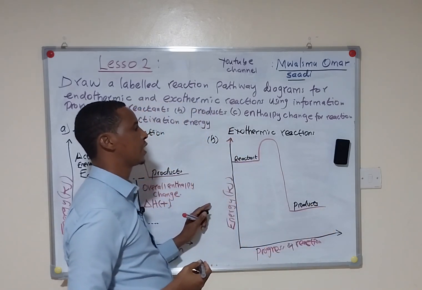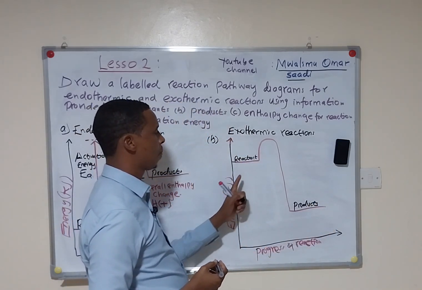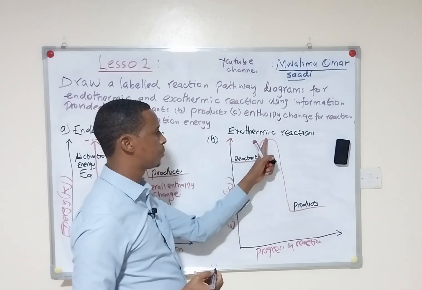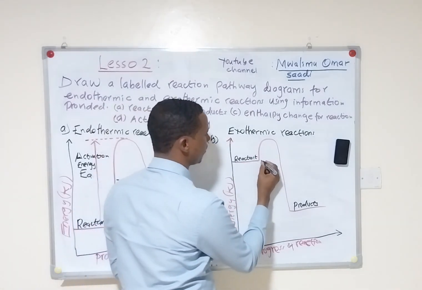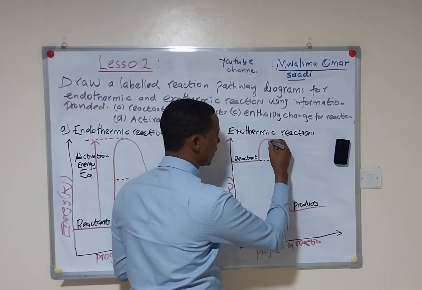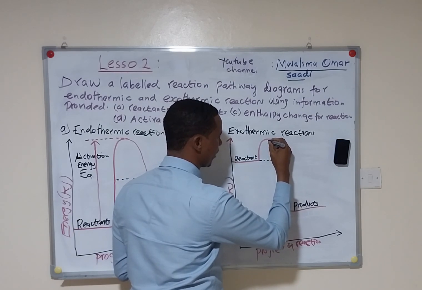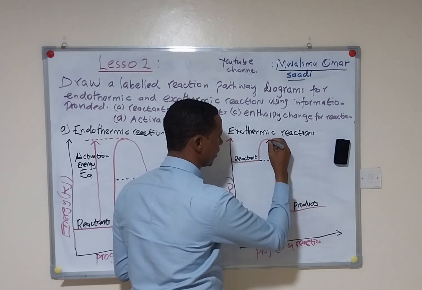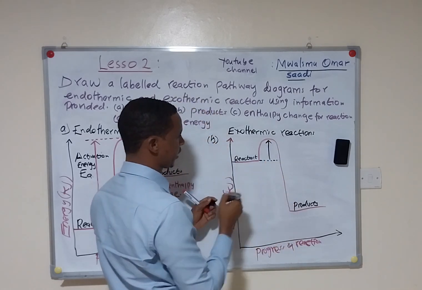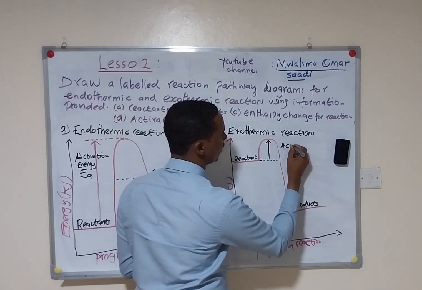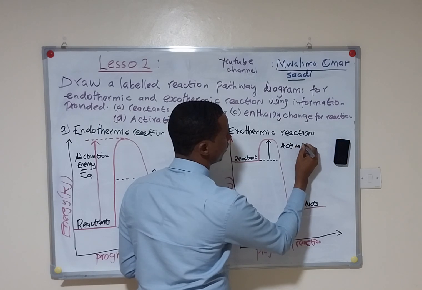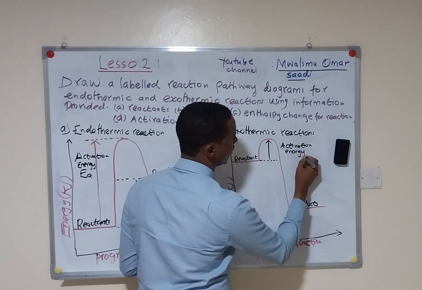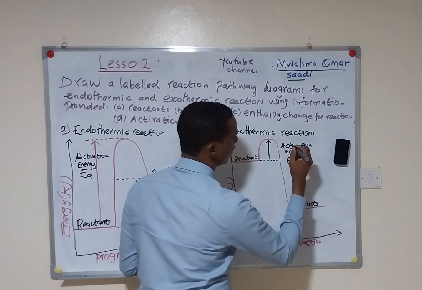The activation energy is shown from when the reaction starts up to the peak of the curve. So this is the activation energy, that is E small a.